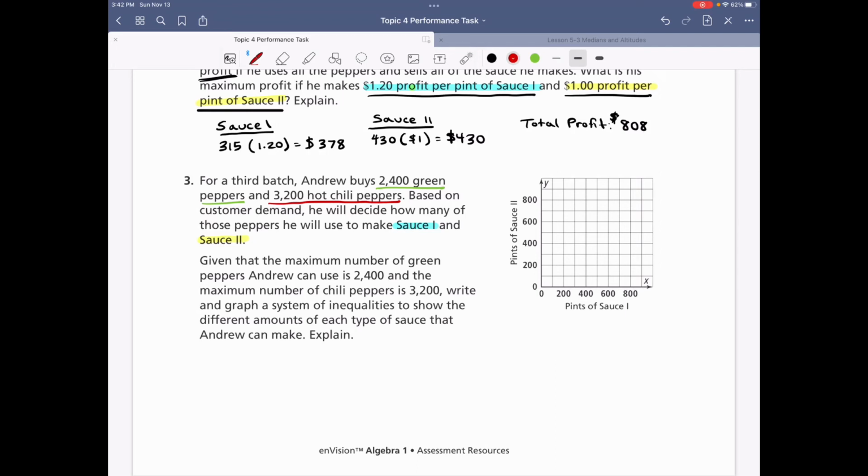All right, so back on the front page it tells us how many green peppers he uses for X and how many green peppers he uses for Y, because we're using X and Y for sauce 1 and sauce 2.